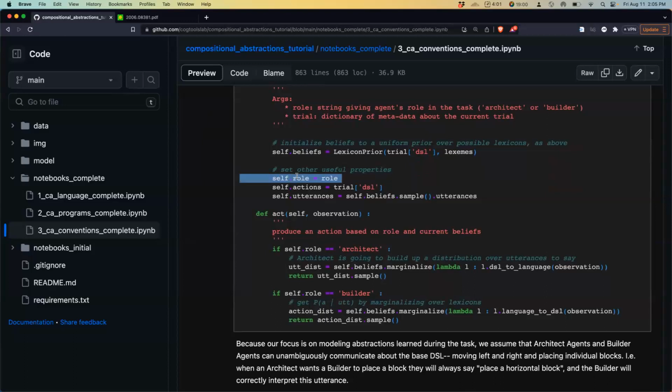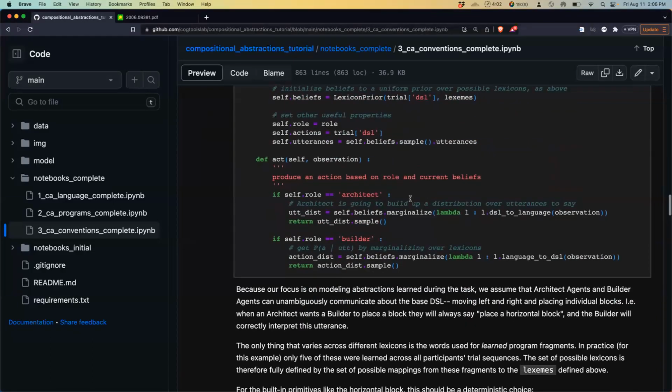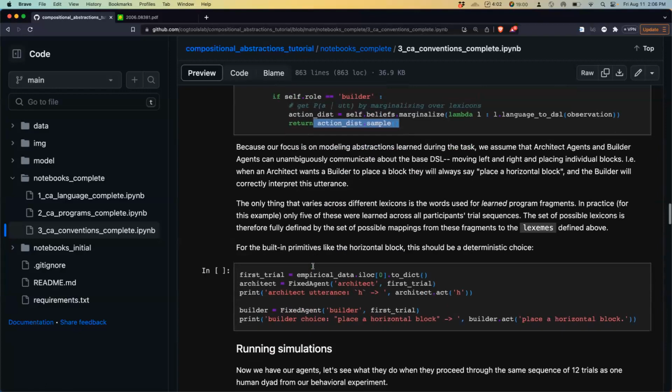They're either a speaker or a builder or architect. They have a set of affordances, like actions they can take. They have beliefs about what the language means, and they can act. If you're the architect, acting is picking an utterance, and you can act as a builder by picking an action, like a block placement.